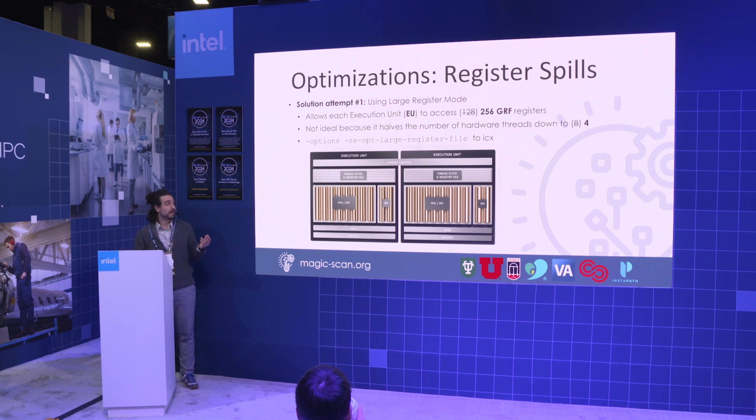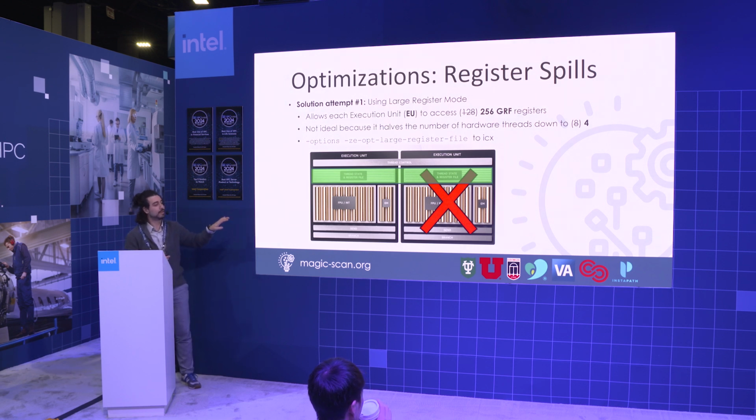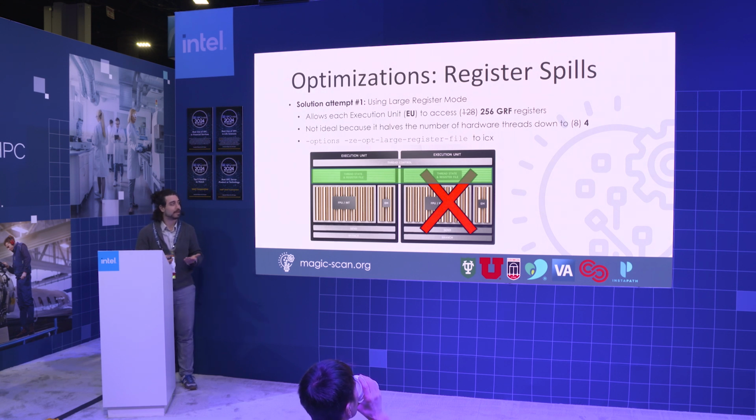So once we realized this, we attempted several solutions. The first one was using the large register file mode, which is a compile time option. You can tell the Intel compiler to use that. What it does is it disables half of your execution units, halving your processing power, but gives you the unused register file from the disabled unit, and then you essentially double your register file space per execution unit.